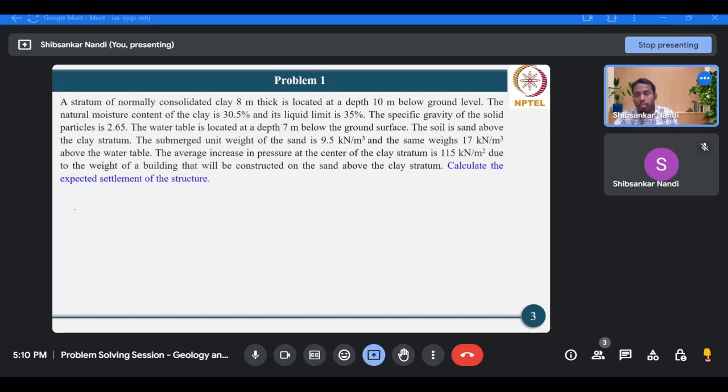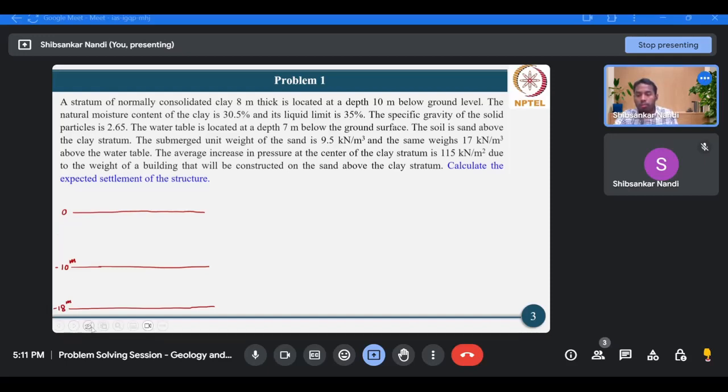First there will be a sand stratum, and this is 10 meter thick. Now below the sand layer there is clay.